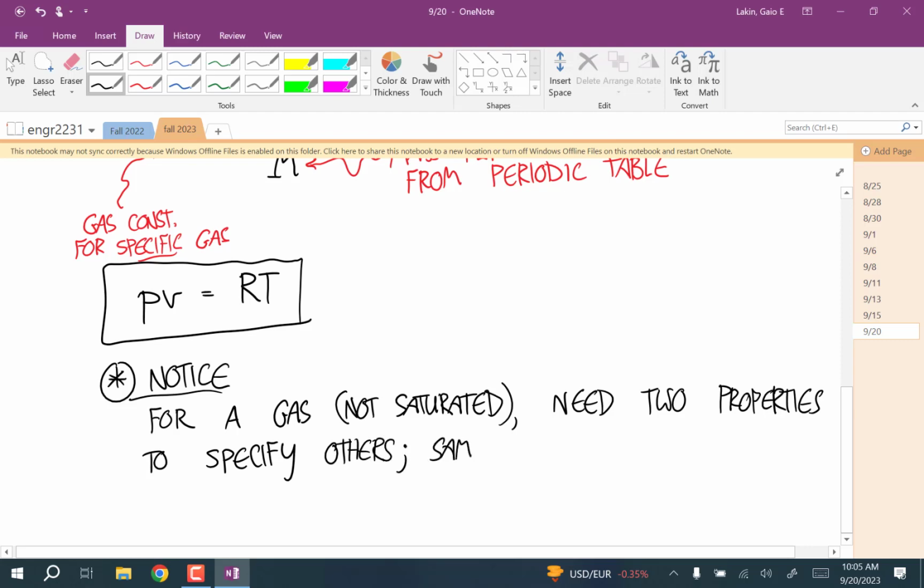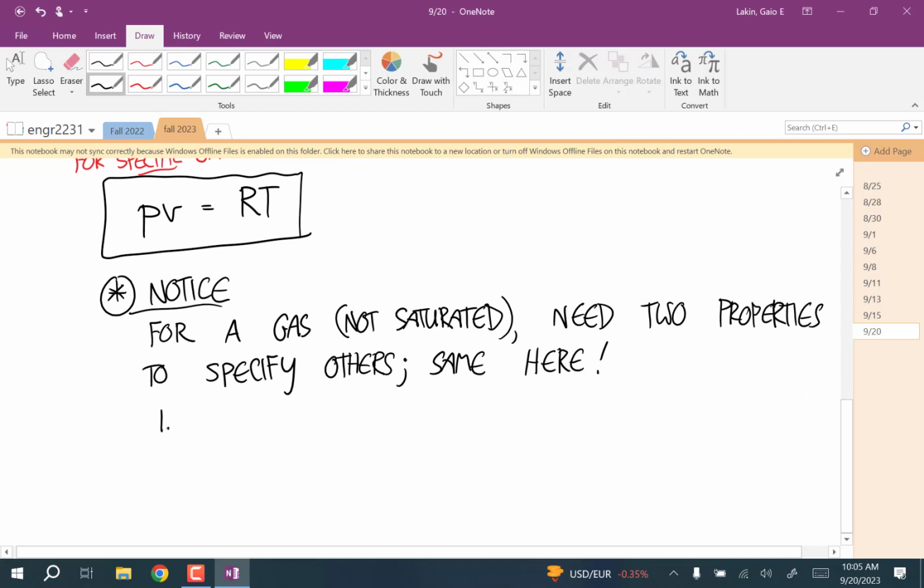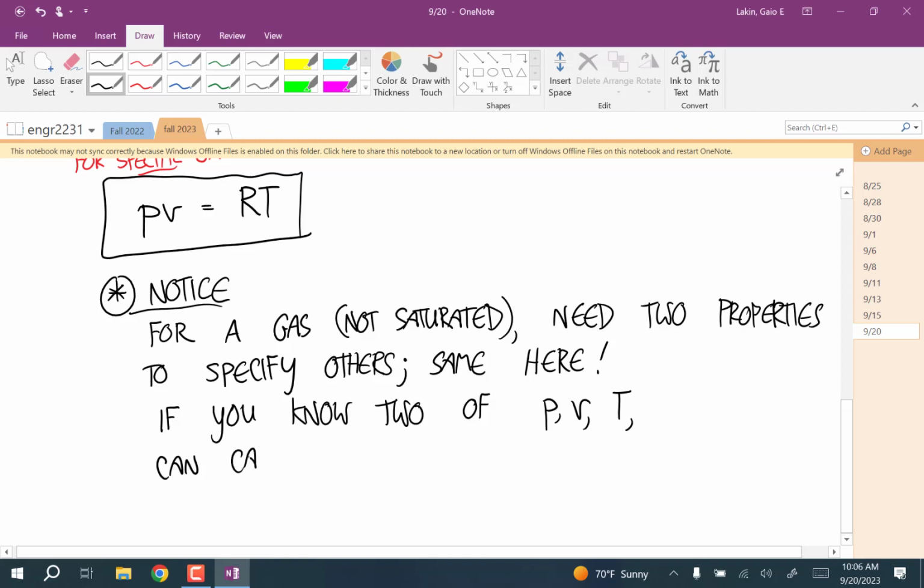And it's the same here. If you know two of P, V, and T, you can calculate the third.